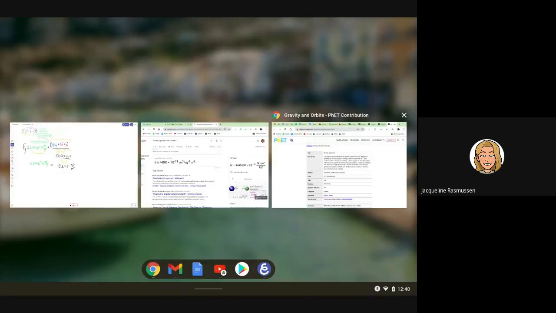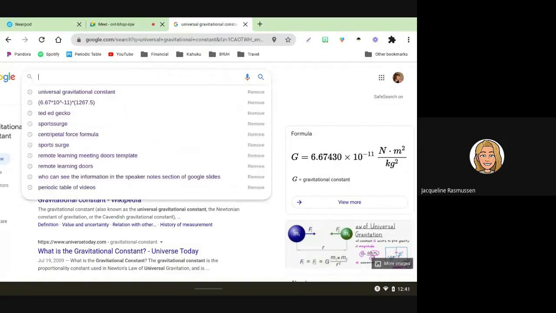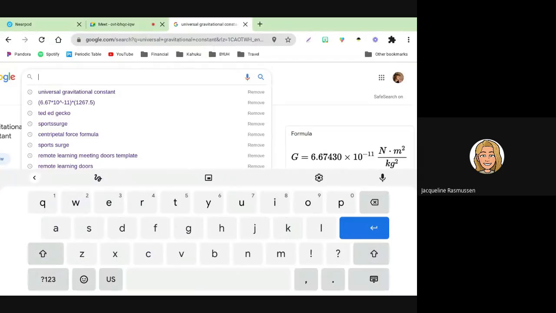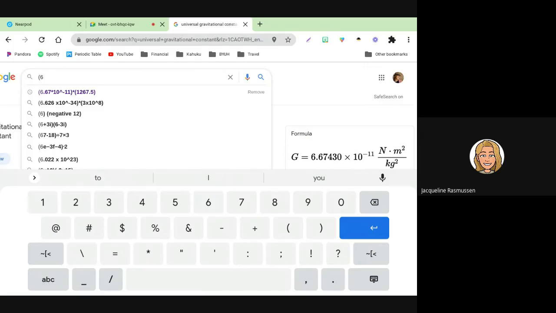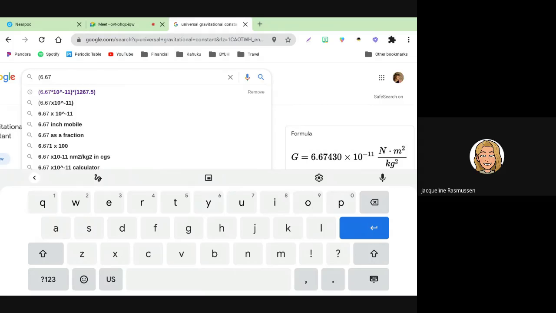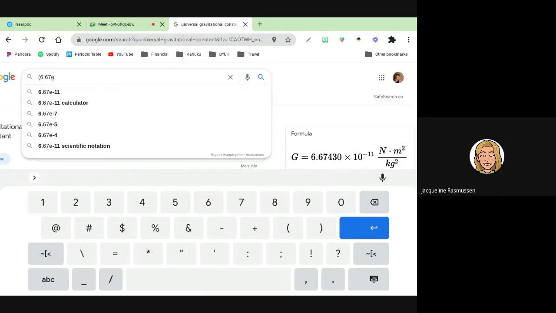Here we go. So we're going to use this search bar, and we are going to use parentheses to put our scientific notation inside. And we're going to say 6.67. Multiplication in computer speak is the star. We don't need to do the times 10 to the negative 11 because we can use the school trick, which is E negative 11.